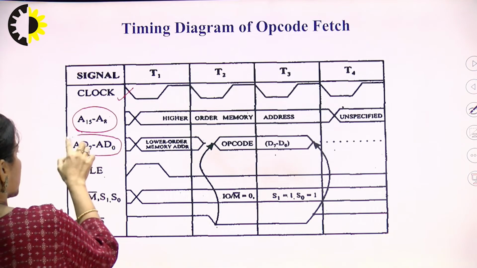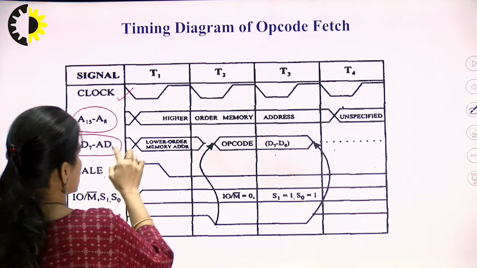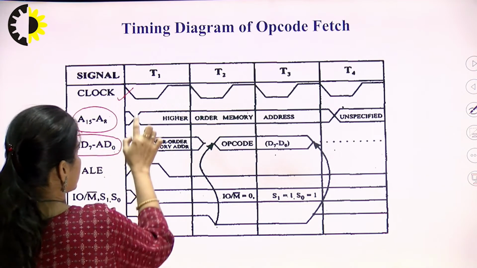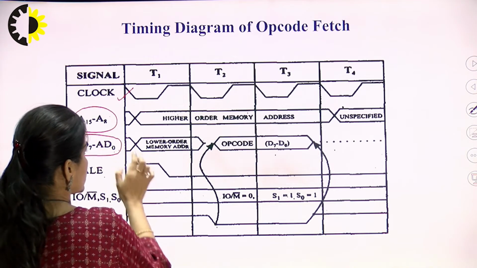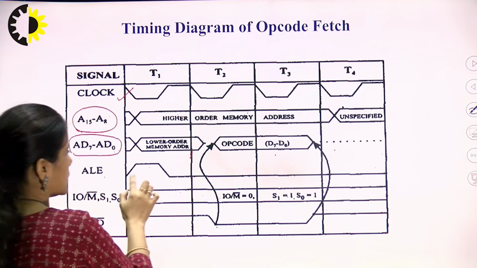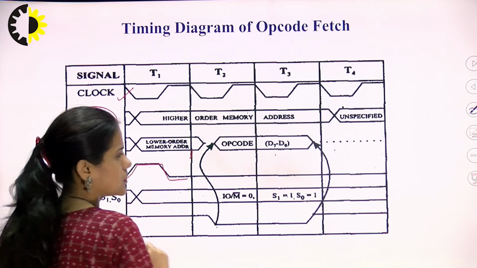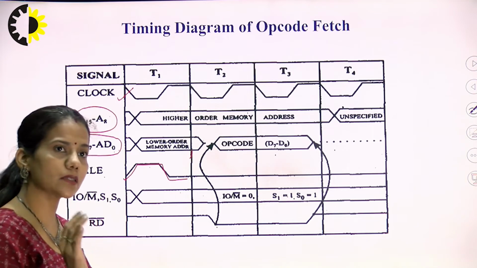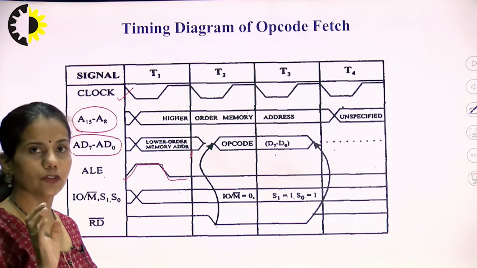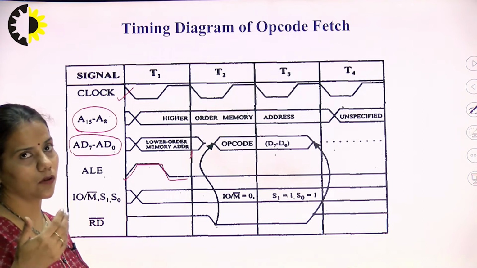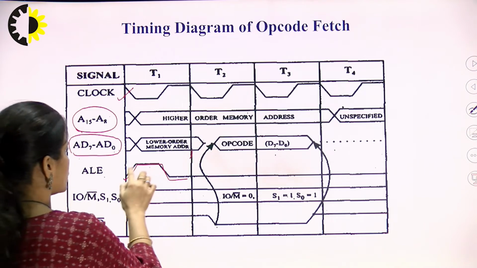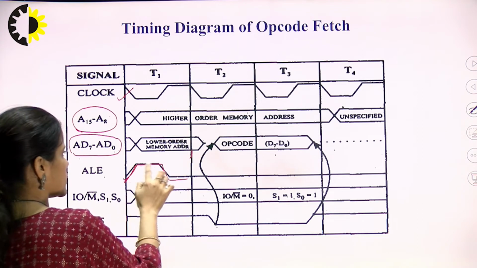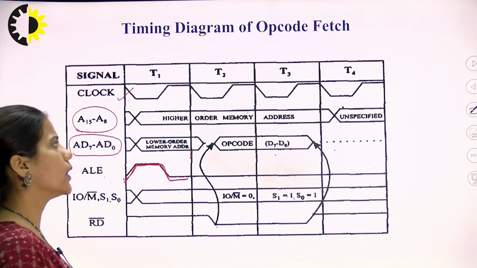The lower order multiplexed address and data bus, that is the lower order address bus, is latched in the first T state, and during the latching of the lower order address bus, the ALE signal goes high. The ALE signal is used to demultiplex the lower order address bus from the multiplexed address and data bus. So, the latching of the lower order address bus is represented by the ALE signal going high.